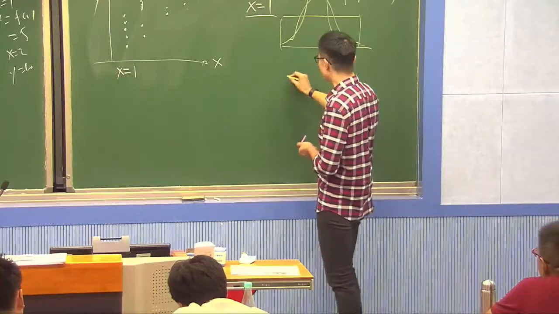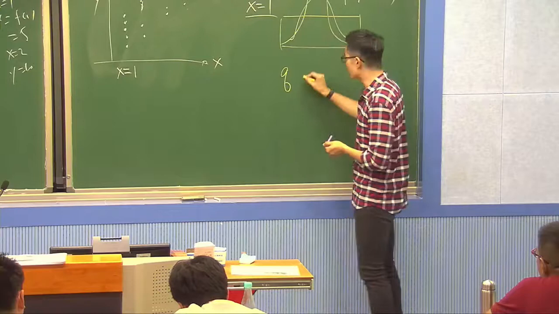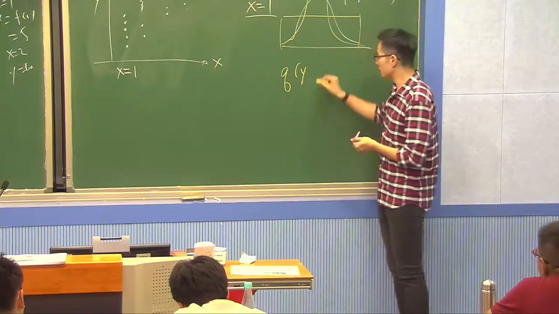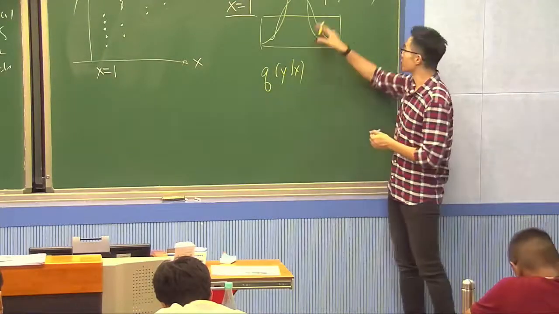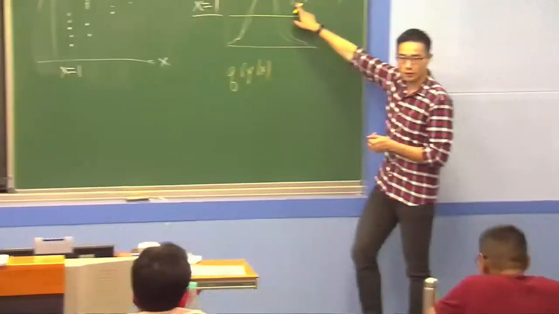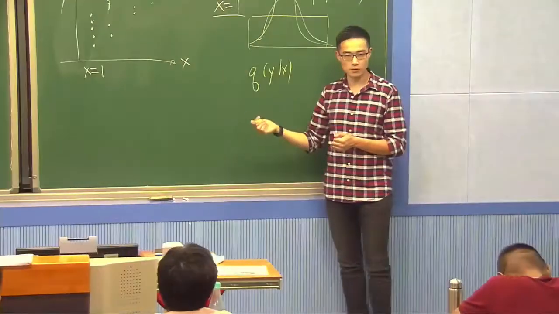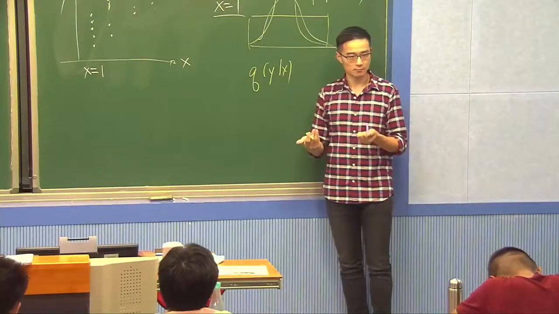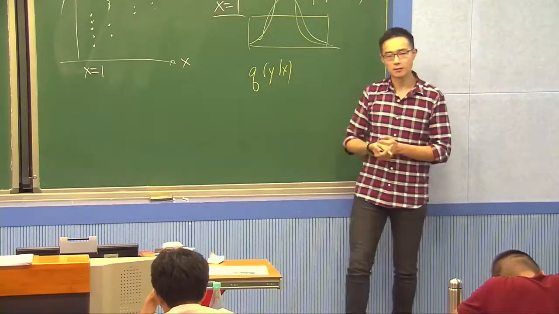So in other words, I can make a hypothesis of what the distribution of y looks like given x. So I use q. Q is also a probability. I use p to denote the underlying true distribution, and I use q to denote my hypothesis. Just like h and f in our story before, right?